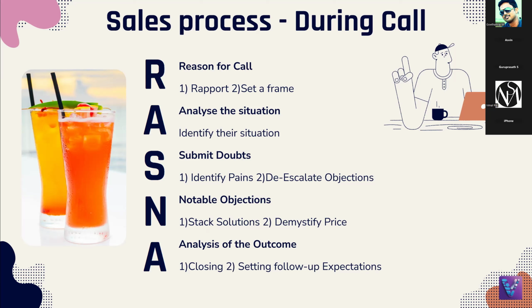RASNA is nothing but: reason for call, analyze the situation, submit the doubts, note the objections, and analyze the outcomes. This is the overview of the RASNA model. Based upon this model, we are able to convince our customers.